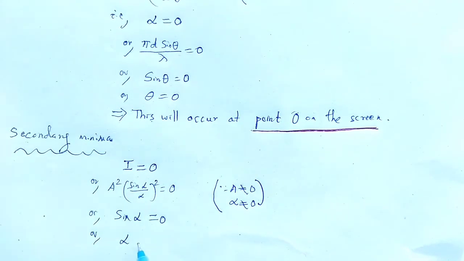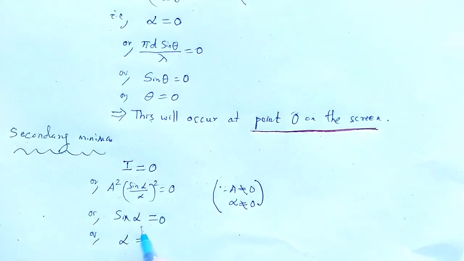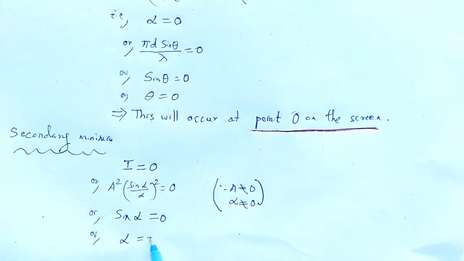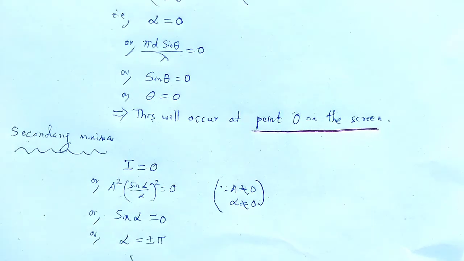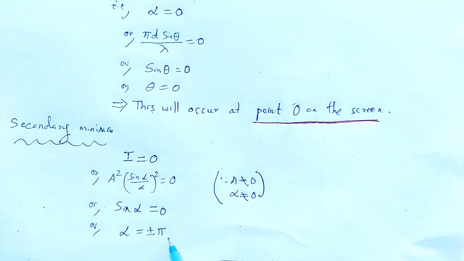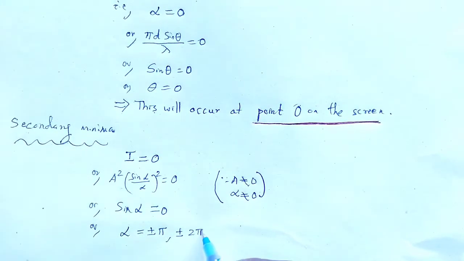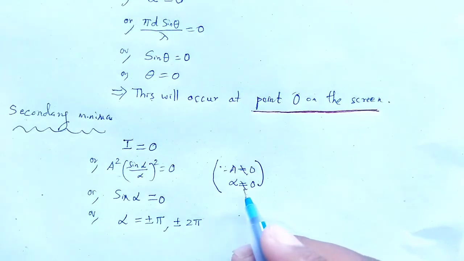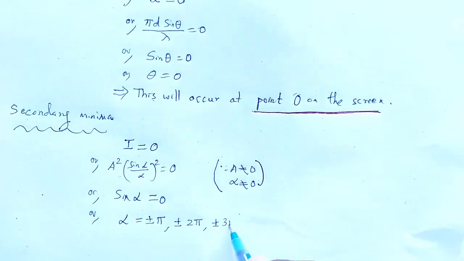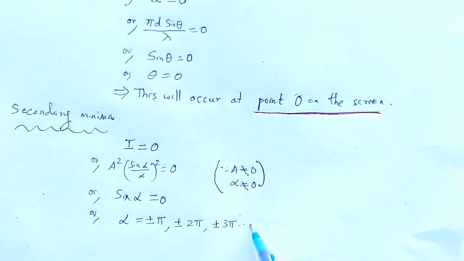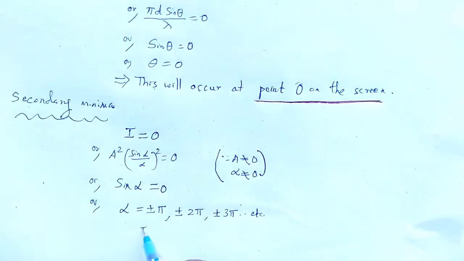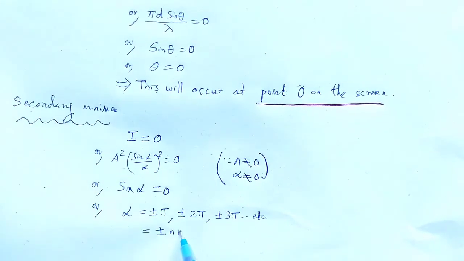So the values of alpha where sin values are 0 are plus minus pi, plus minus 2 pi, alpha not equal to 0. Therefore we start from pi, 2 pi, plus minus 3 pi and so on. Generally we use plus minus n pi.